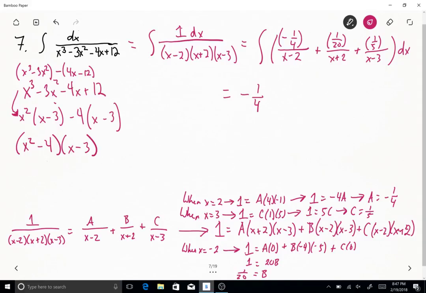So our antiderivatives of each of these are going to be natural logs of just that function along with the constant there. So you get negative 1/4 natural log of x minus 2 plus 1/20th natural log of x plus 2 plus 1/5 natural log of x minus 3 plus some constant c.